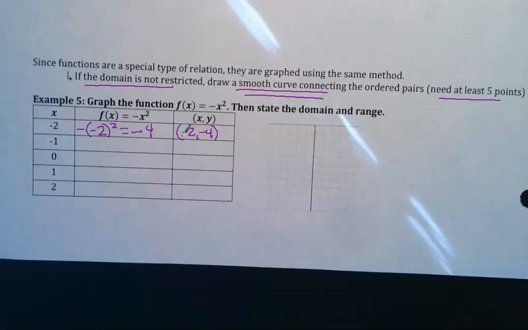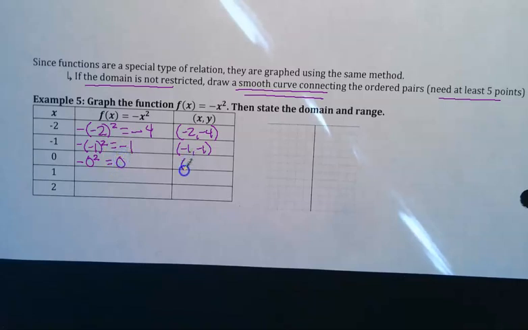So with my next one, I have my x is -1. So I have negative -1 squared, which equals negative 1. So my ordered pair is -1, -1. Perfect. Next, negative 0 squared. Is there such a thing as -0? Just 0.